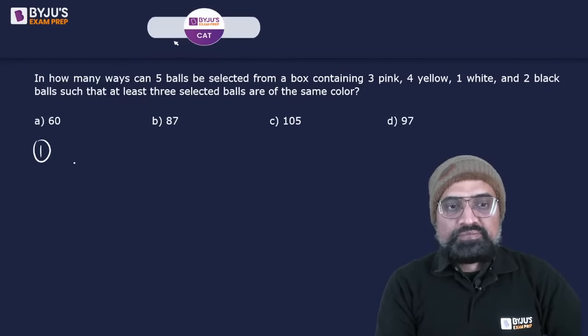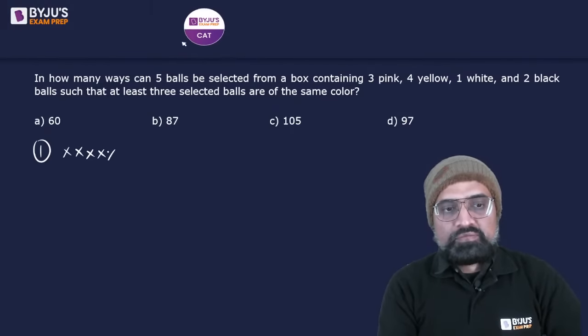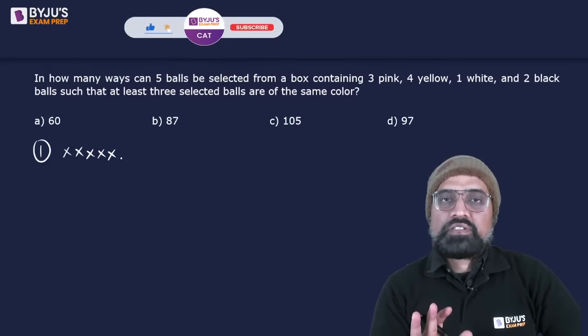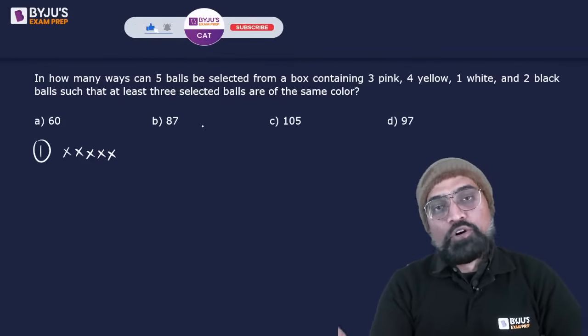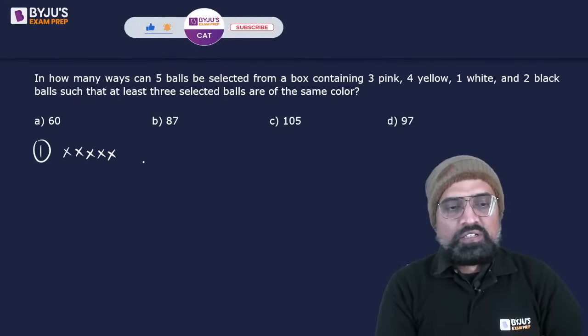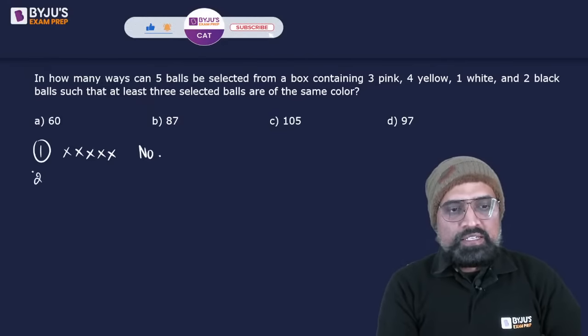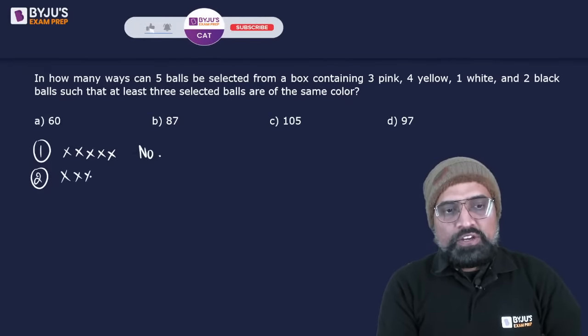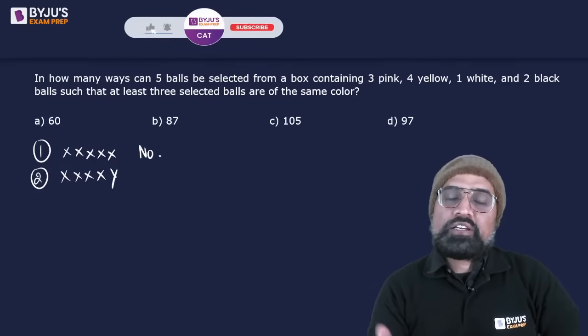First case. All the balls are of same color. Is it possible? There are 5 balls that you have to pick and all the 5 balls are of same color. So no such cases, right? Second possibility. 4 balls of the same color and 1 ball of different color.